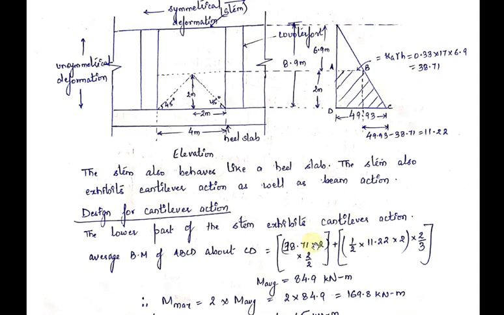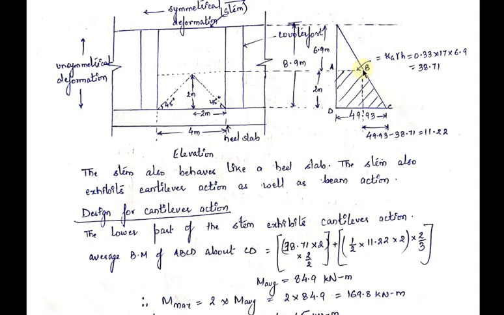So 38.71 into 2, and this force will act at the CG of this rectangle, that is at a distance of 2 by 2. The CG of the rectangle is at half the height. So the height is 2, so the CG will be at 2 by 2. Therefore, the distance of the force from this CD will be 2 by 2. So the force into the perpendicular distance will give you the bending moment about CD.